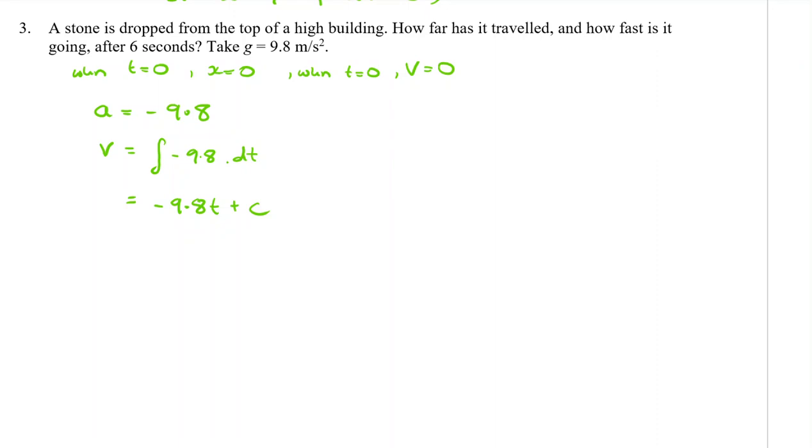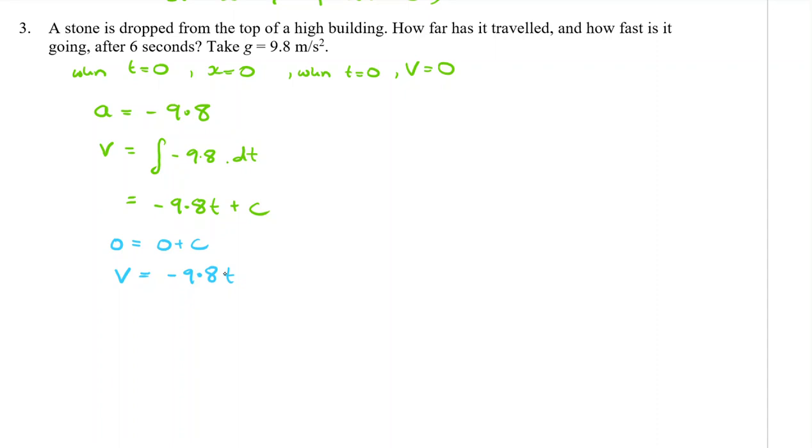Initially, time equals 0 and velocity equals 0. So I wrote it down the top. Let's sub that in. 0 equals basically 0 plus c. The first constant is equal to 0. So my velocity equation is minus 9.8 t. That's it.